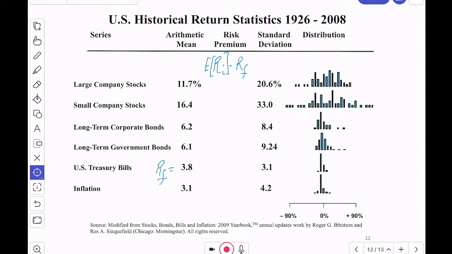So for the first one, it would be 11.7 minus 3.8.